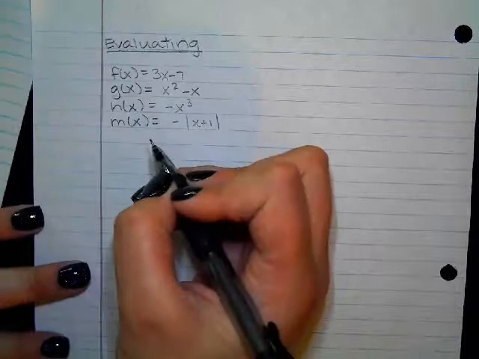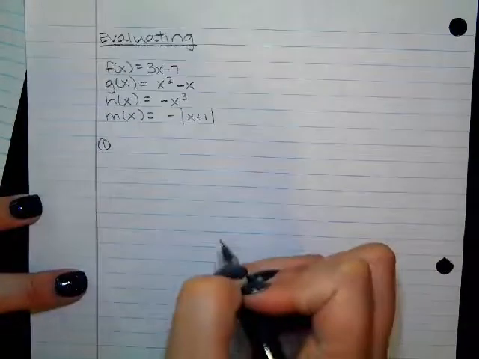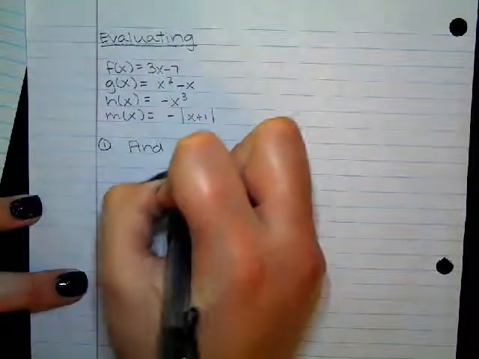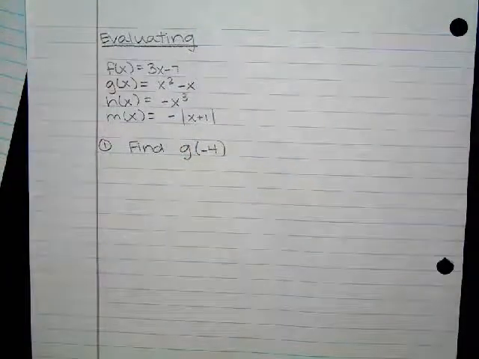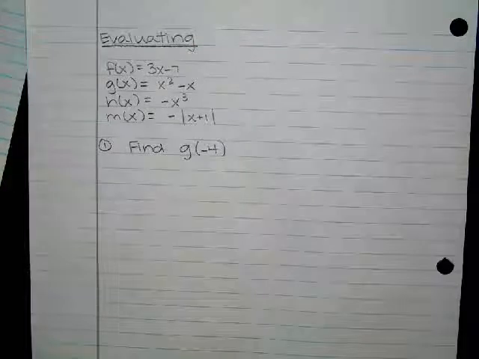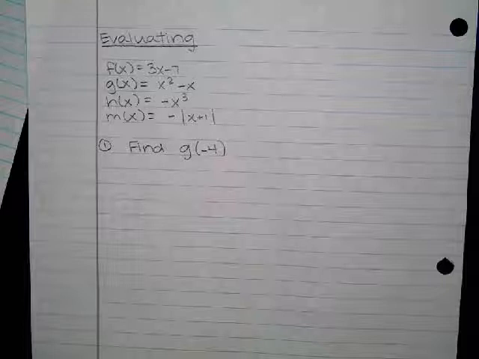All right, so here is example 1. We are going to find g of negative 4. So if we're finding g of negative 4, I'm going to go ahead and start with g of x.